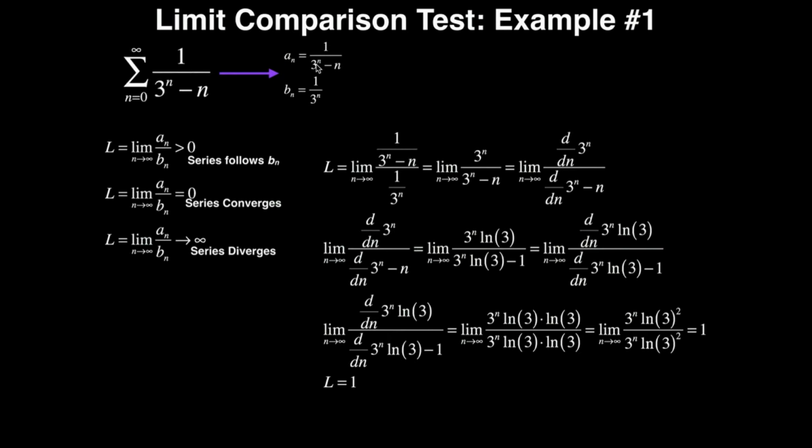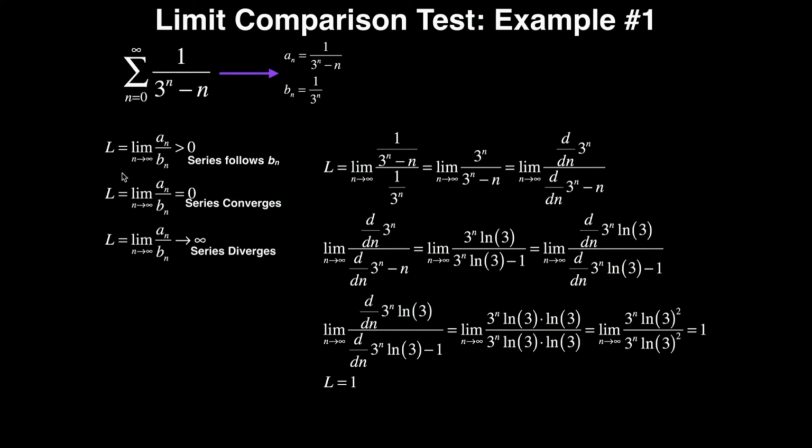And in this case, we have in the denominator 3 to the n minus n, so the easy choice is to remove the minus n, so our b sub n is just 1 over 3 to the n power. And also bear in mind, if we were to write this b sub n as a series, such as the series from n equals 0 to infinity of 1 over 3 to the n, it would actually be a convergent geometric series.